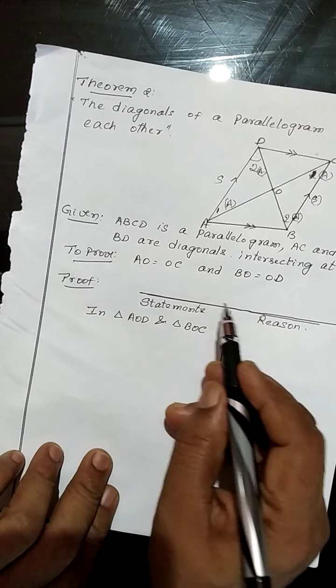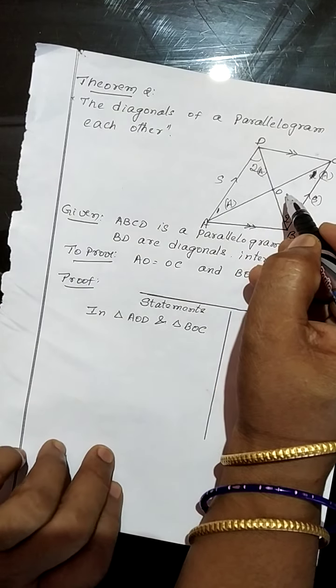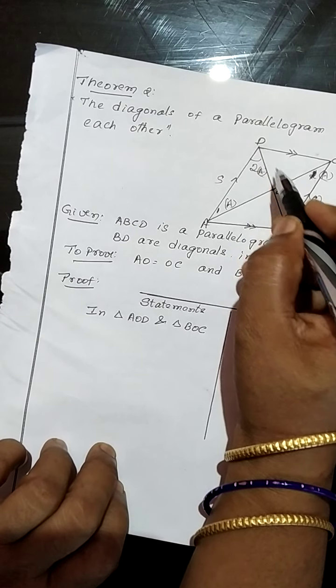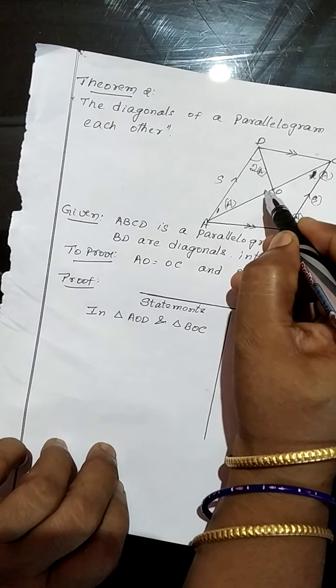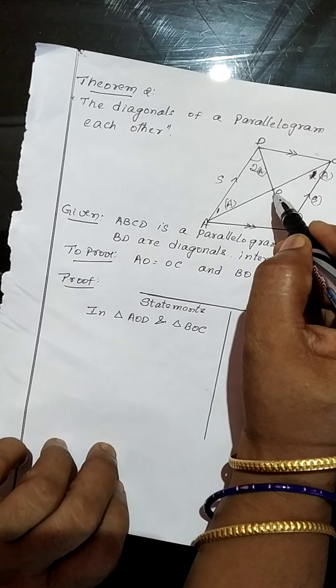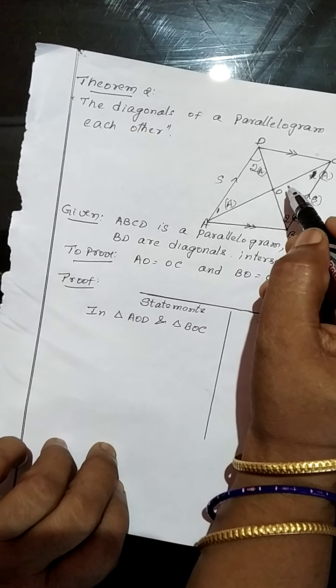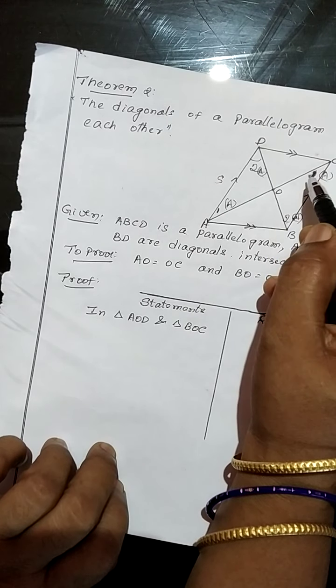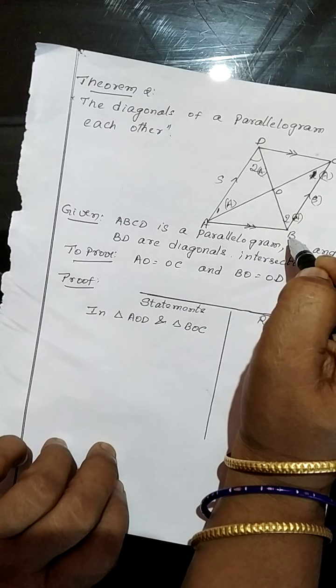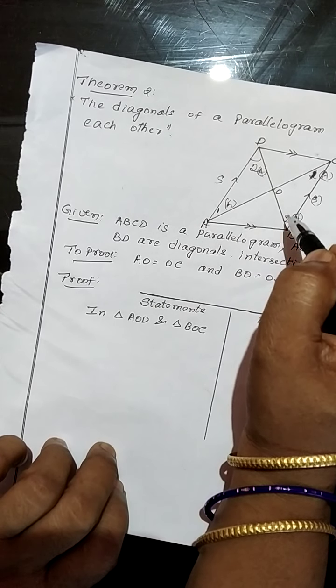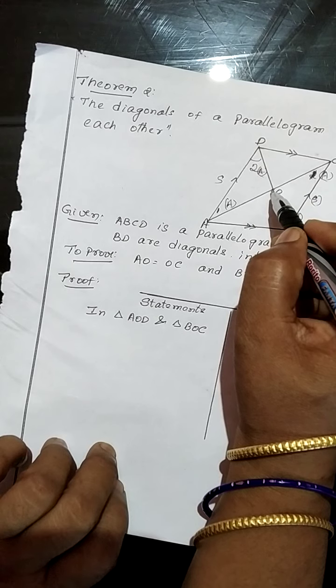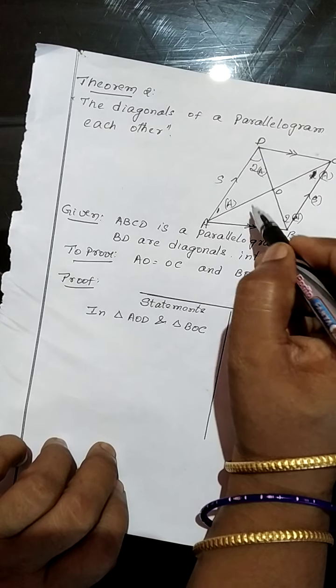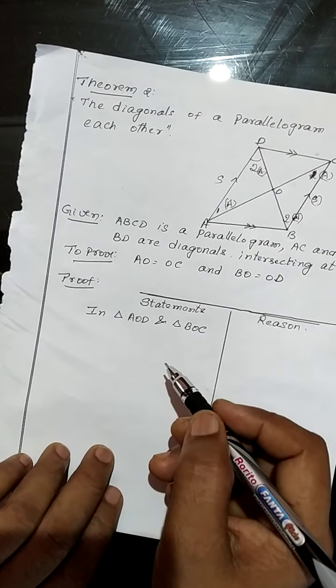Now by congruency, these two triangles are congruent. Now we can say that AO is equal to OC because of CPCT. You know what is the full form of CPCT? Corresponding parts of congruent triangles. BO equal to OD. Okay, and that is what we have to prove.